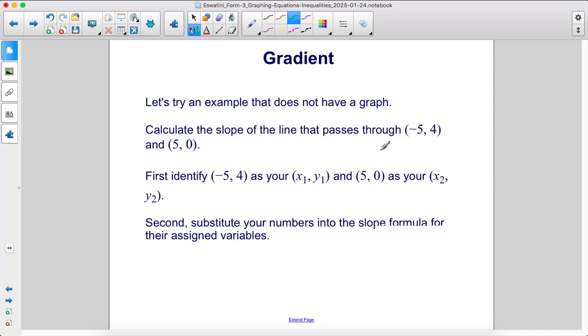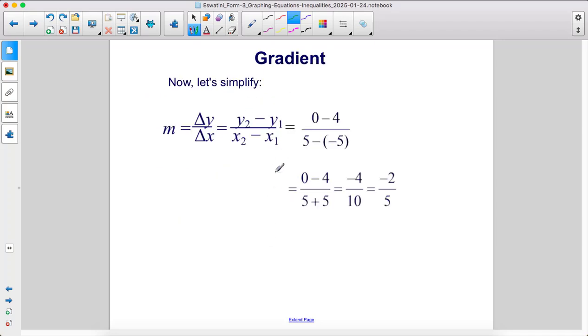Calculate the slope of the line that passes through 2 points, (-5, 4) and (5, 0). First, identify the first point as x1, y1, and the second point as x2, y2. Second, substitute your numbers into the slope formula for their assigned variables. Now let's simplify.